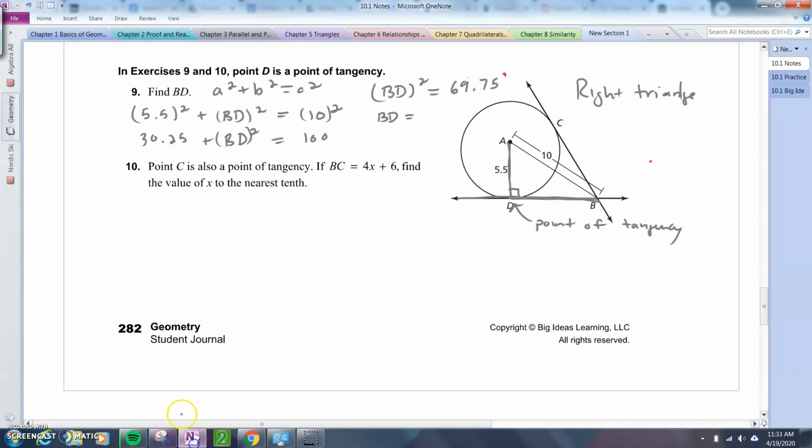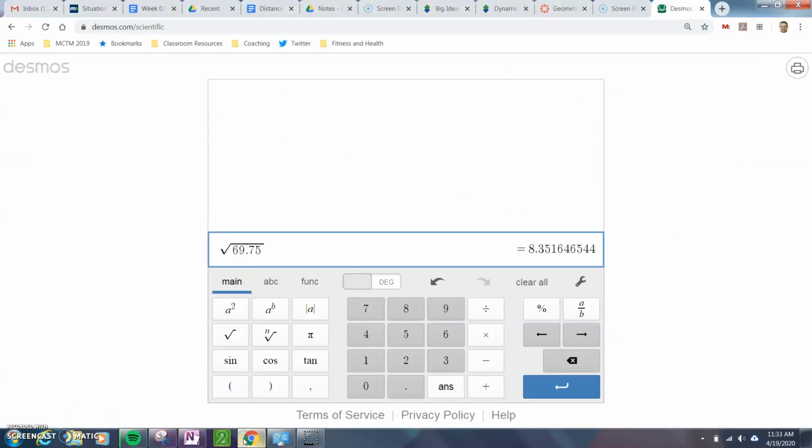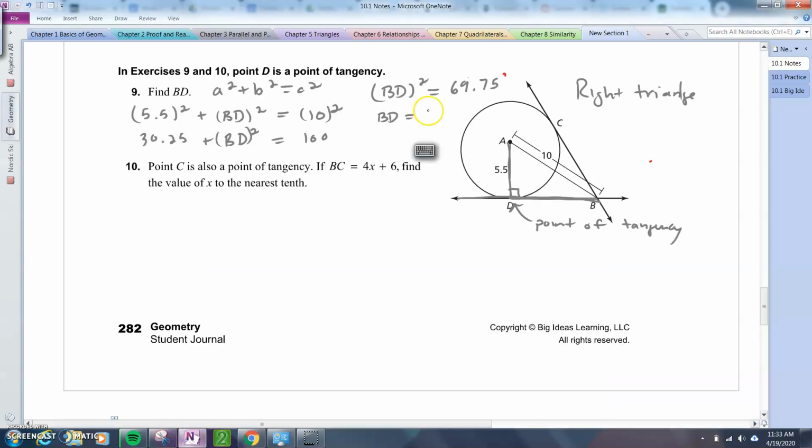And let's jump back and see what the question asks. It doesn't specify if it wants it to the nearest tenth or hundredth. Let's just do the nearest tenth for now. So that's going to be 8.4, let's say. Okay, so that is BD.